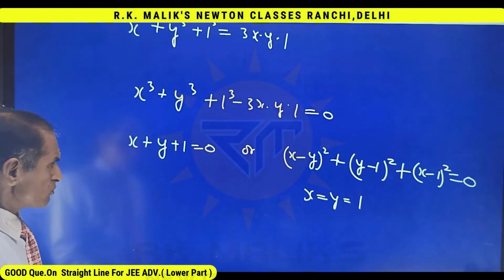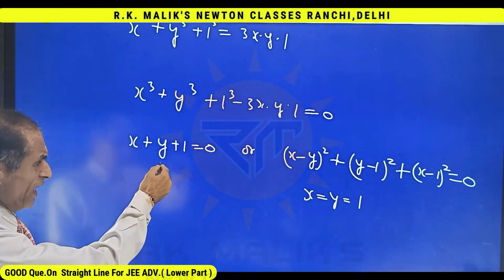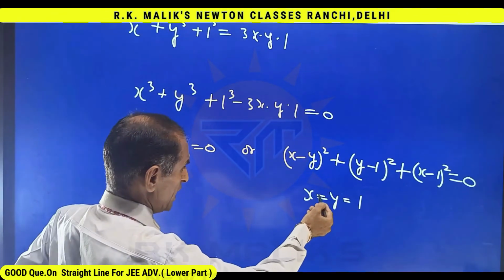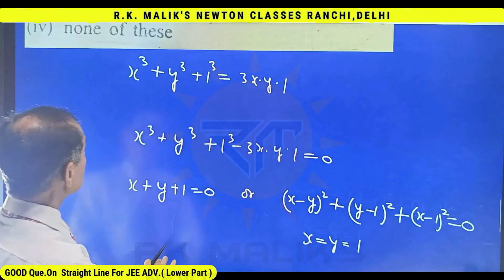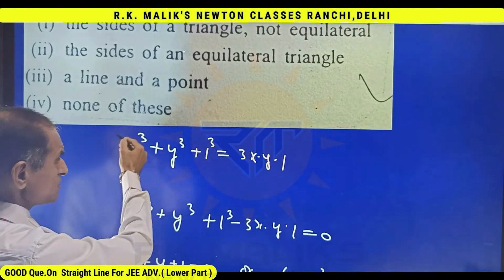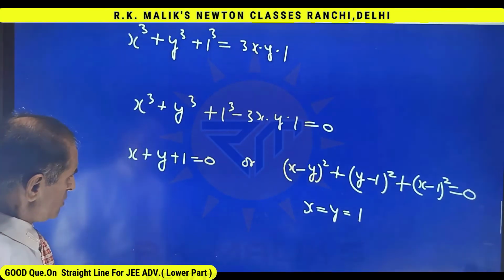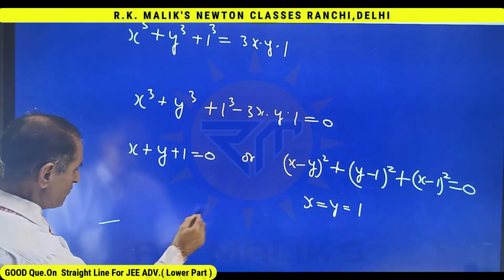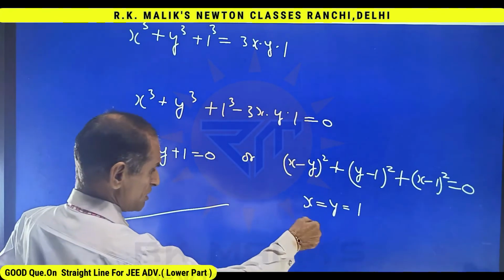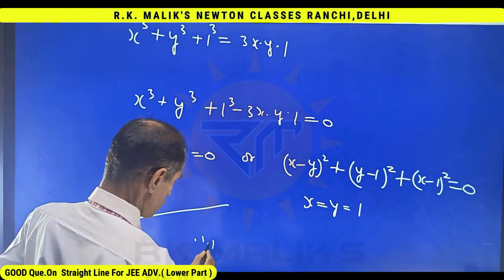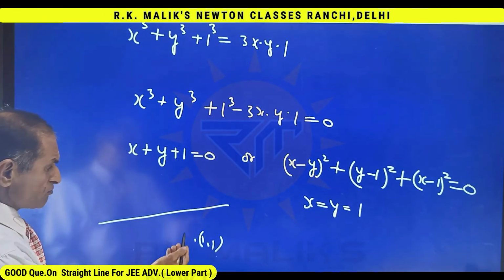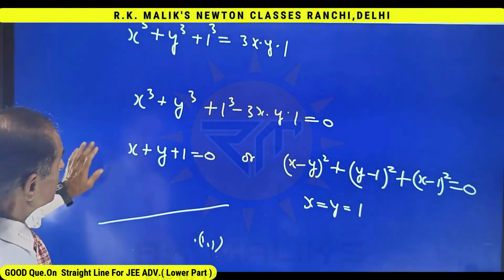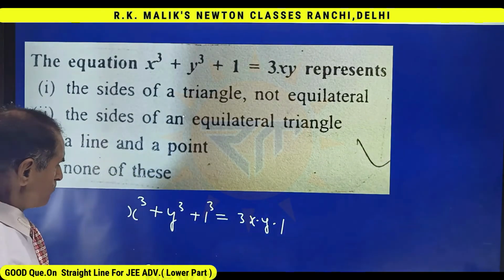That is, all the values of x and y which satisfy x plus y plus 1 equal to 0 will satisfy the given equation, and they will lie on a line, and x equal to y equal to 1 clearly represents the point (1, 1), and (1, 1) is clearly not lying on this line. Hence I can say this equation represents a line and a point.